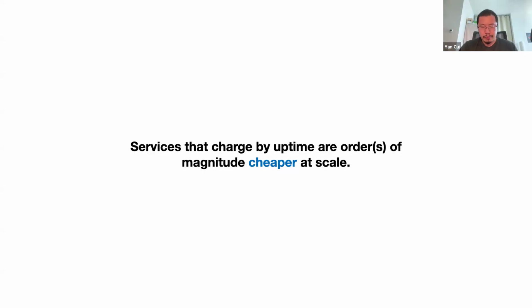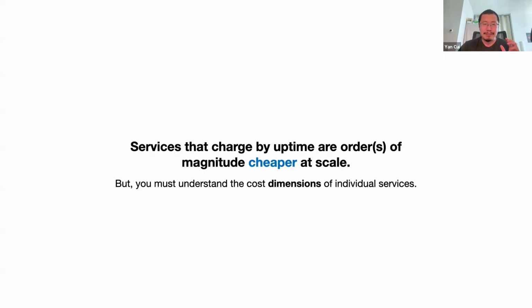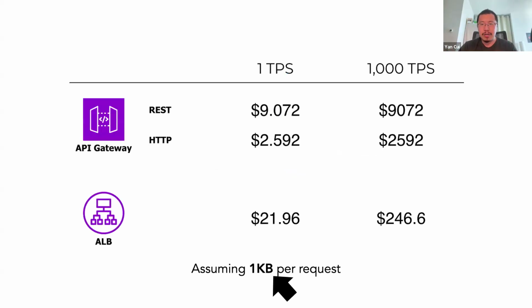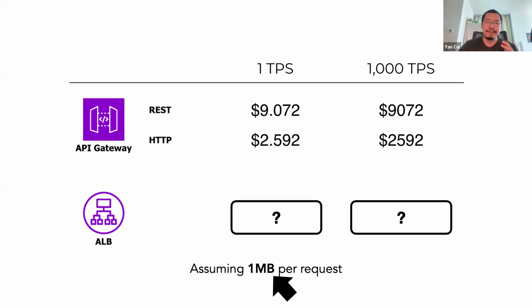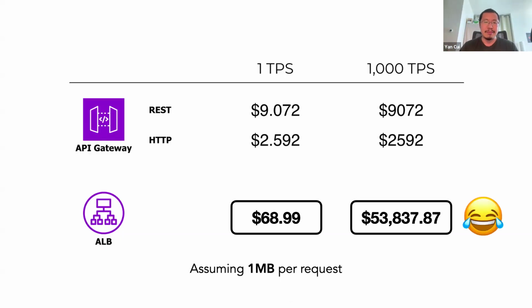But that being a good rule of thumb doesn't mean that you can just forget about the nuances, because it's important to always understand the specific cost dimensions to understand how that maps to your use case. What I showed you earlier was with the assumption of a 1 kilobyte payload, either in the response or the request. But if you're dealing with large payloads, that picture can look very different, to the point that it becomes almost unthinkable to use something like ALB.